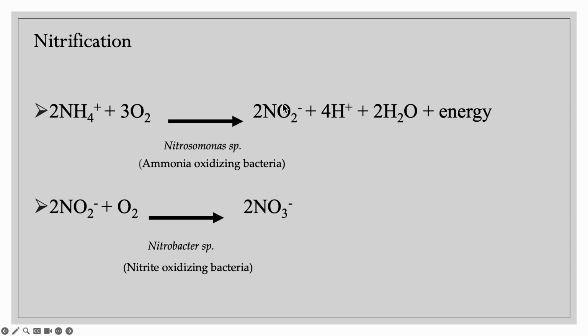Nitrite is toxic to plants, and so we need the help of Nitrobacter. The Nitrobacter species is going to very quickly convert that nitrite into nitrate. So Nitrosomonas converts ammonium to nitrite. Nitrobacter converts nitrite to nitrate.